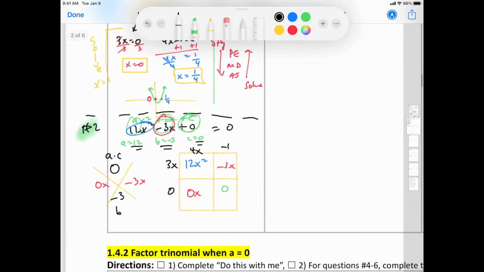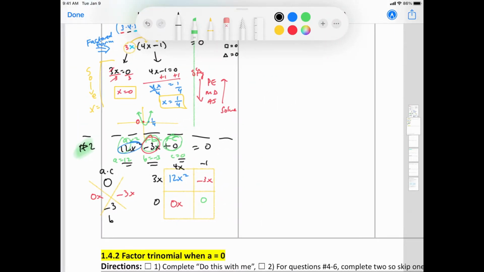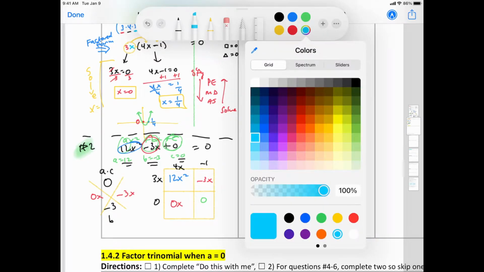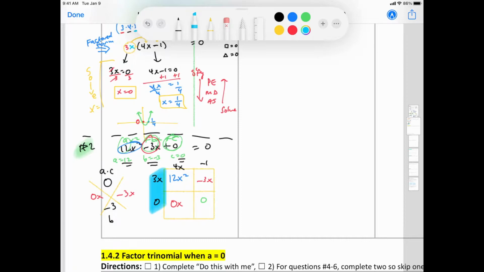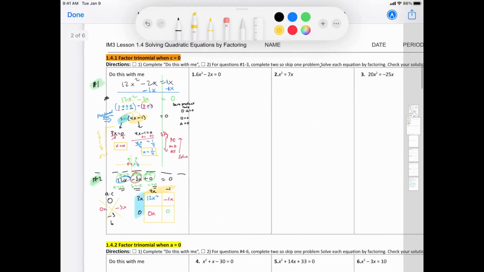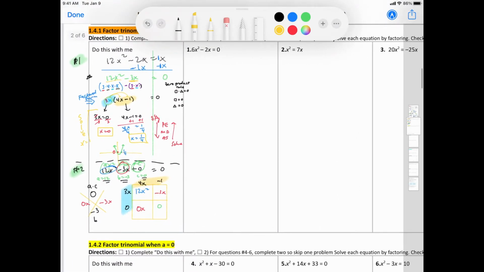And I want you to notice, let's see if I can highlight this in this cool blue, 3x, it's too dark. 3x is the same thing as this one. And 4x minus 1 is the same as this one. So I'm trying to show to you that you can get the same answer.